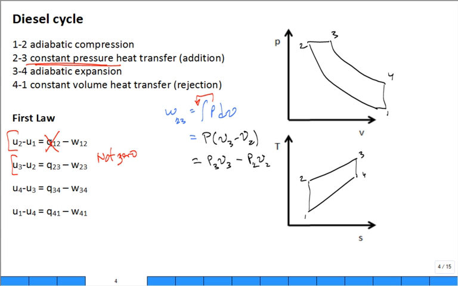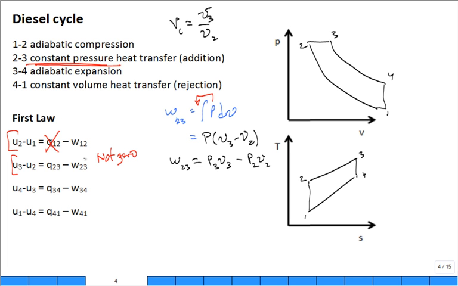You can calculate that work just by knowing that pressure and the change in volume. For the cutoff ratio, R sub C, that was V3 divided by V2, true? So you can manipulate this a little more, but I think the algebra gets the point. You can substitute for V2, or V3 is R sub C V2. All right, that's the work 2 to 3.